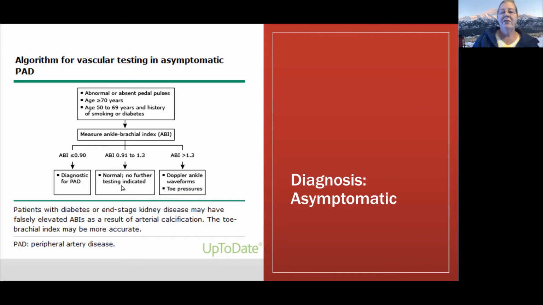And so whatever you notice with that abnormal pulse is not related to peripheral arterial disease. And then I think it's interesting that if that index, I'm sorry, is actually high, then you want to look at the exact waveforms and toe pressures, and may also be diagnostic.